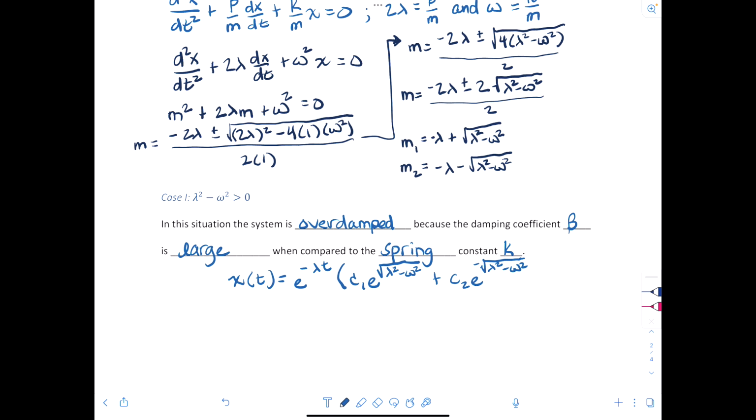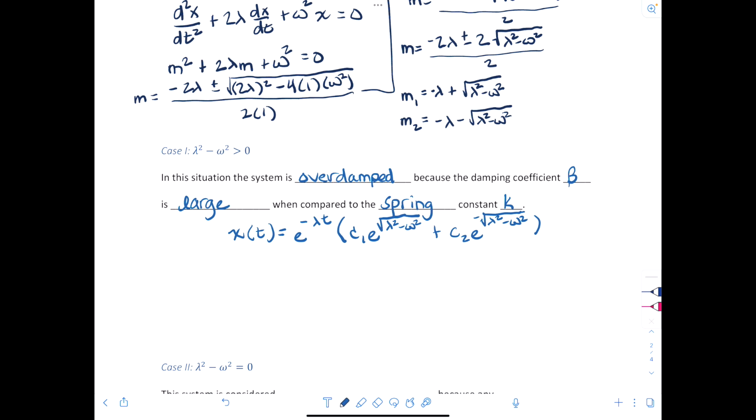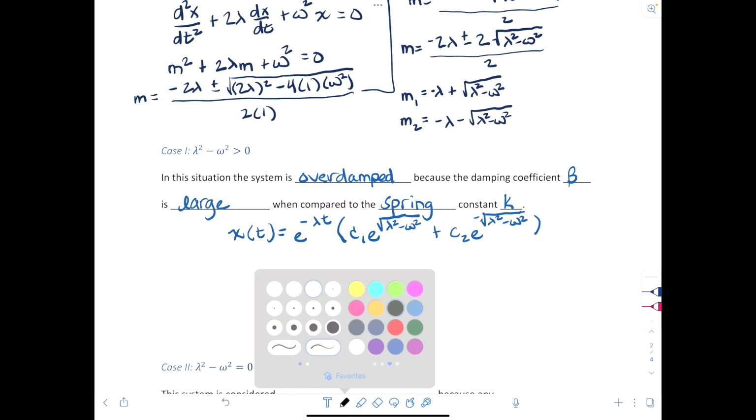And this is all from techniques we learned in chapter 4. And the kind of motion that we'll get with this system is smooth and non-oscillatory motion.